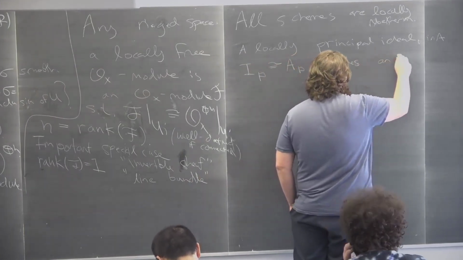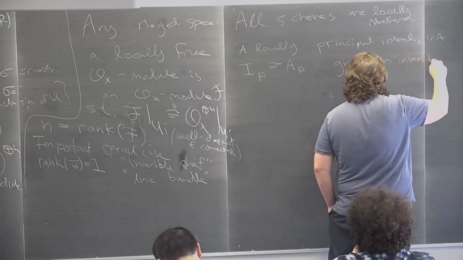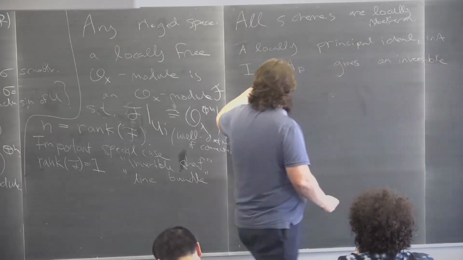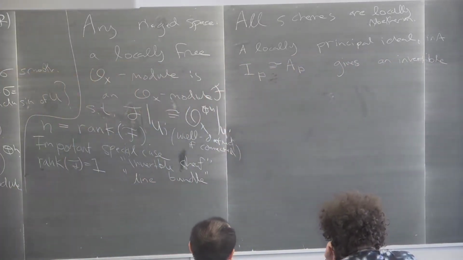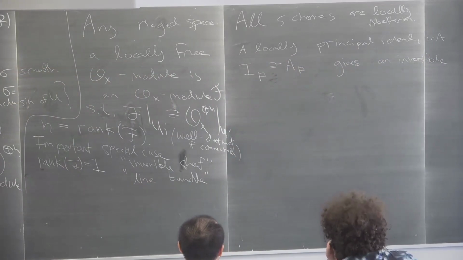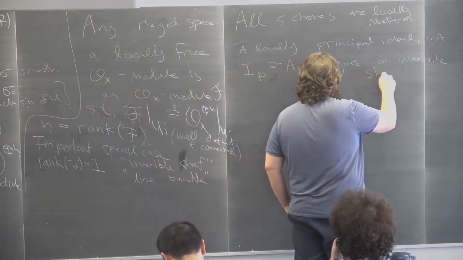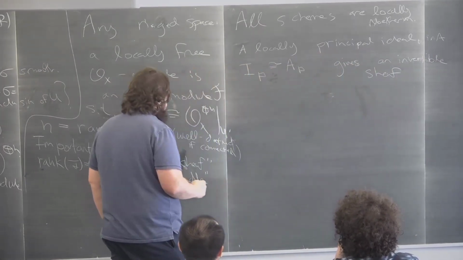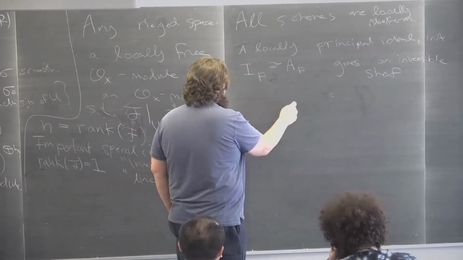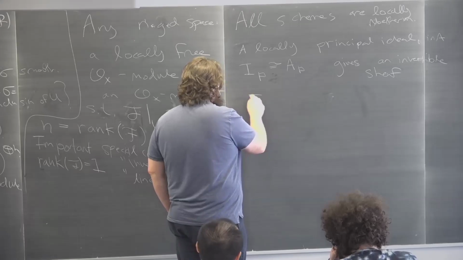I-tilde gives an invertible sheaf. So you'll often hear a module that satisfies this called an invertible module. That's a module whose corresponding sheaf is an invertible sheaf. It's locally free of rank 1.